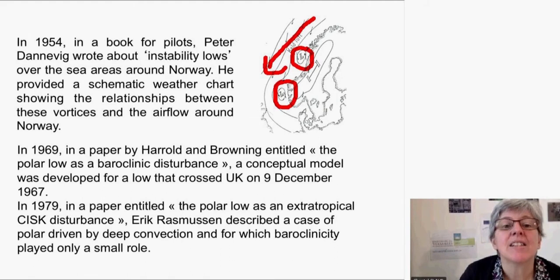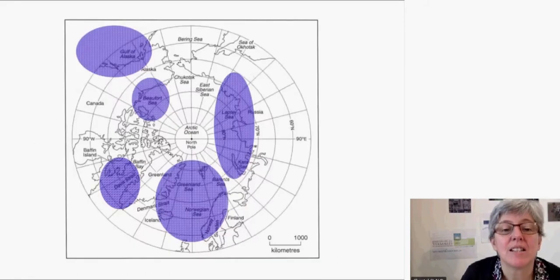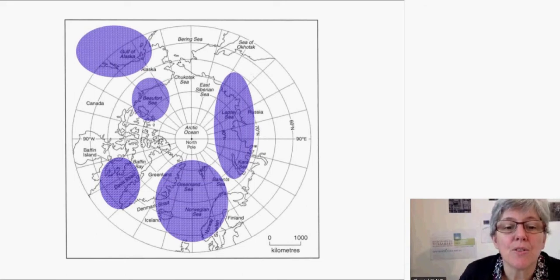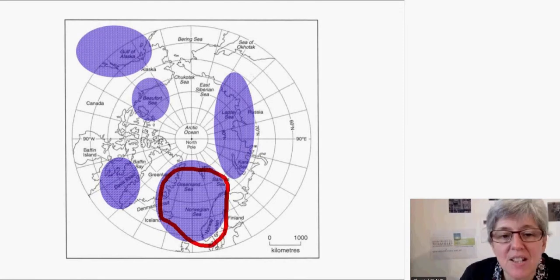Okay, so as I mentioned before, a lot of polar lows occur over the Norwegian and Barents Sea, including the Greenland Sea, close to Greenland. So this is probably the area where you have the maximum of polar lows.